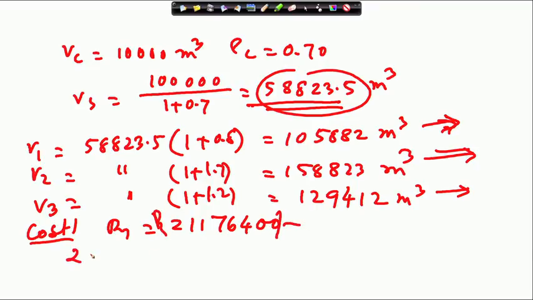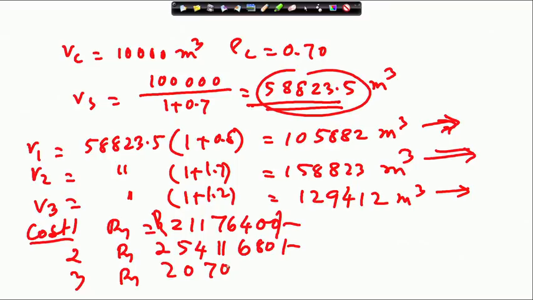Then from site 2 this will be 25,411,680 rupees, and from site 3 it will be 20,705,920 rupees. So, if I select site 1, this much cost; if I select site 2, this much cost; if I select site 3, this much is the cost.